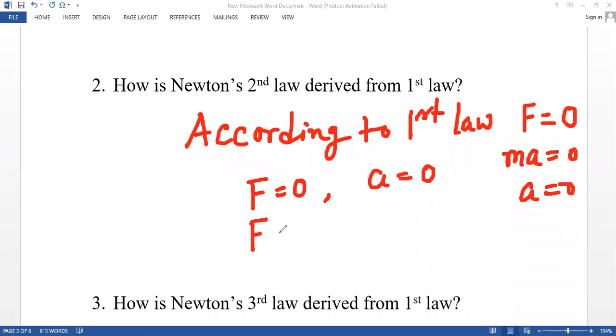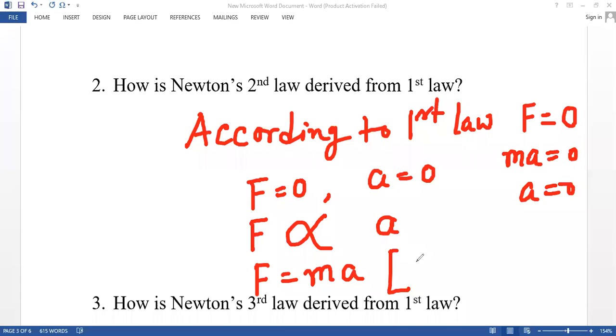Force increases, acceleration will also increase. That is directly proportional. That is F equal to ma. That is the second law of Newton. That's enough from my side.